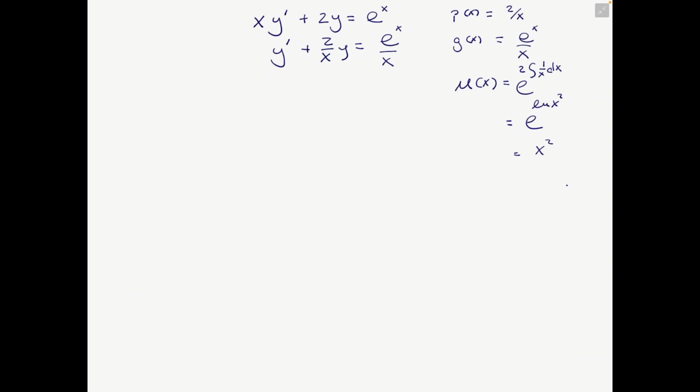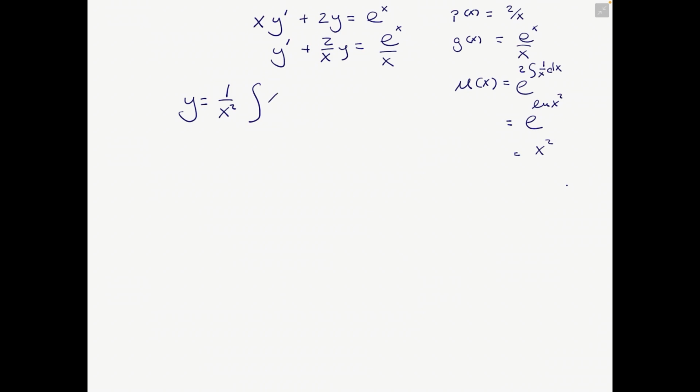Again, these problems are specially chosen and worked on so that they have a solution. So y is equal to 1 on x squared.